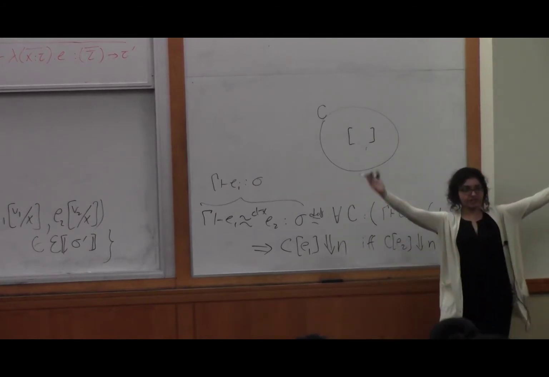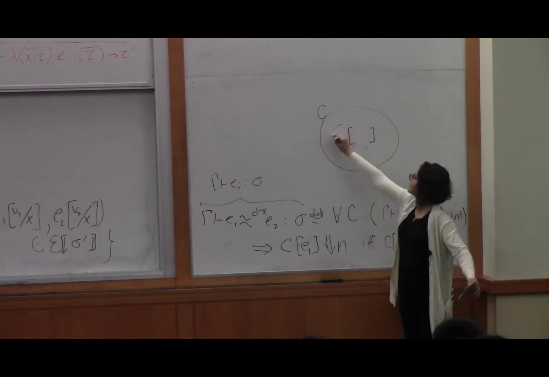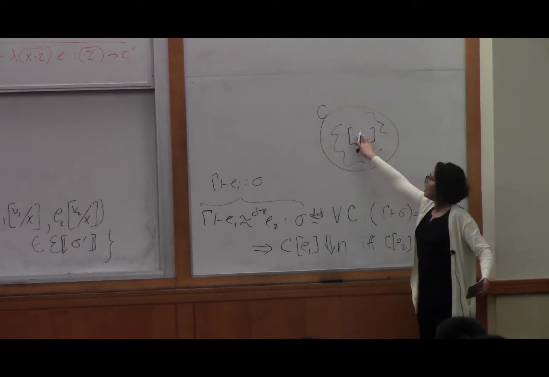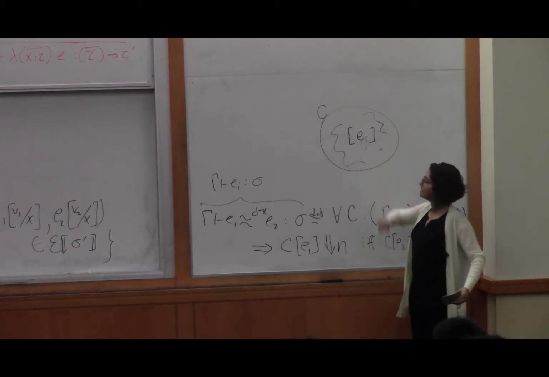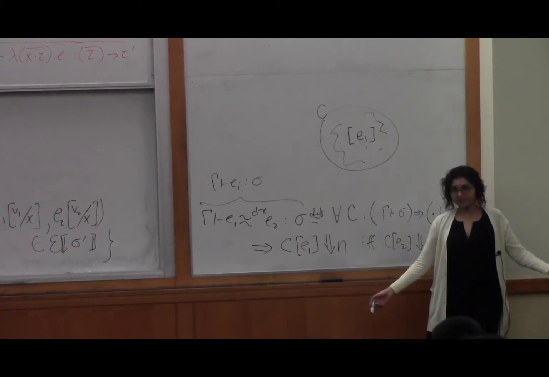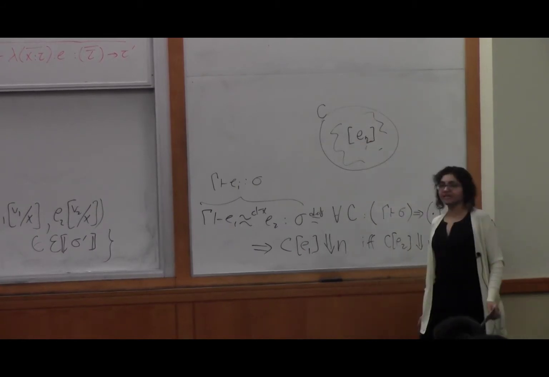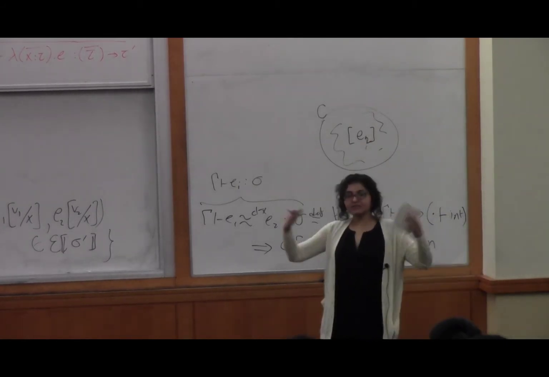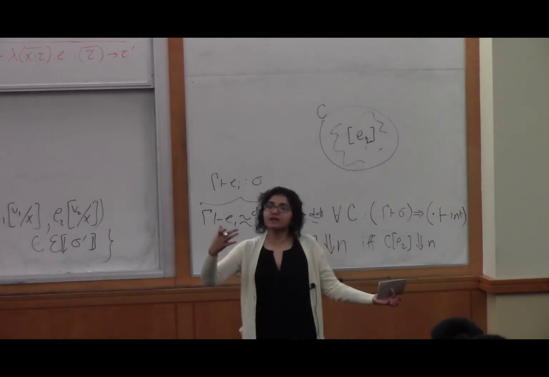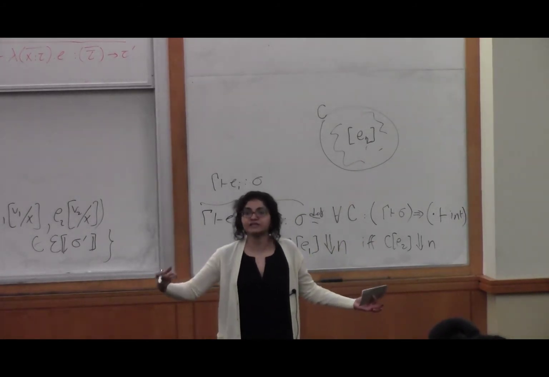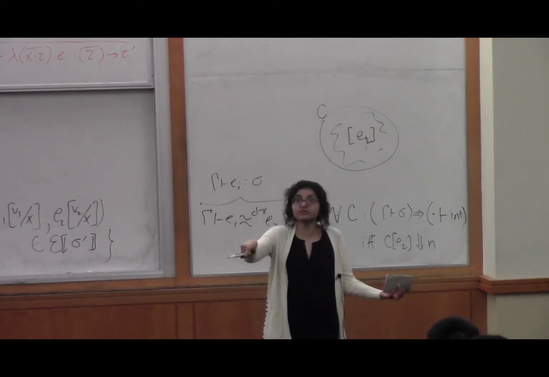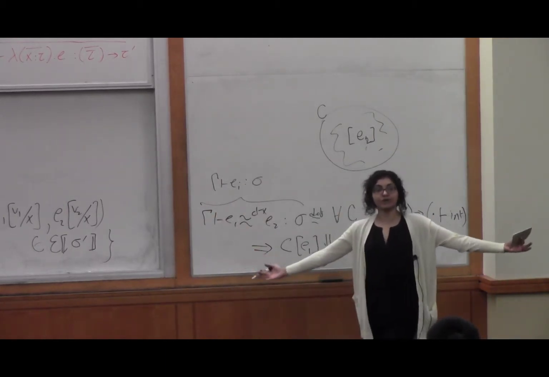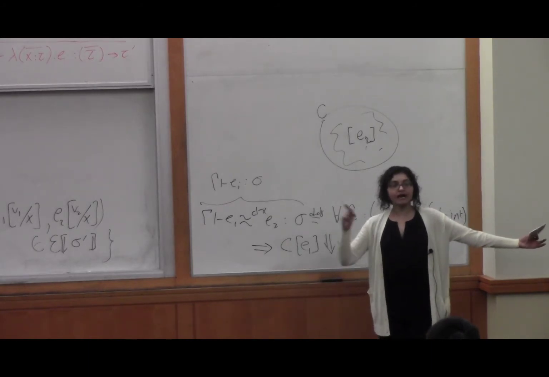Imagine a very large software system with a lot of code, and you are trying to take one piece of that code, the E1, and replace it with E2. This is a well-typed program, so you can't just put into the hole something that is not well-typed, because I want to make sure that my entire program remains well-typed. How do I capture that?